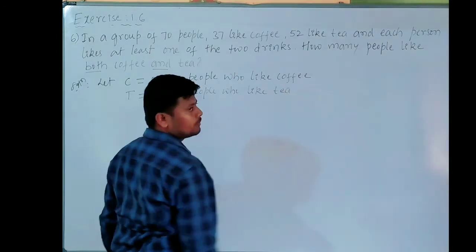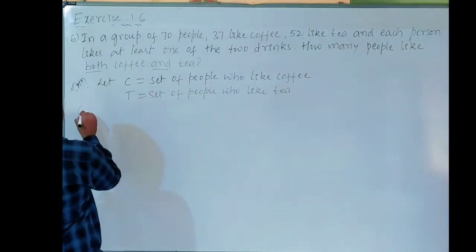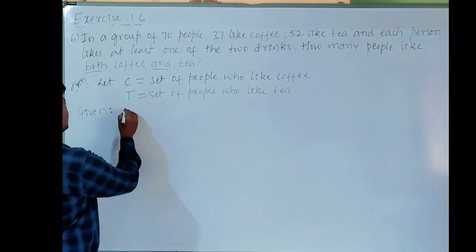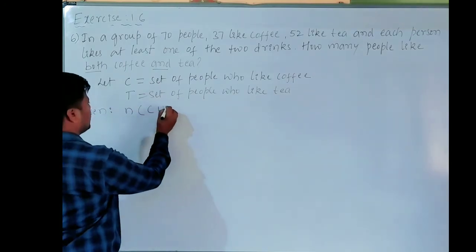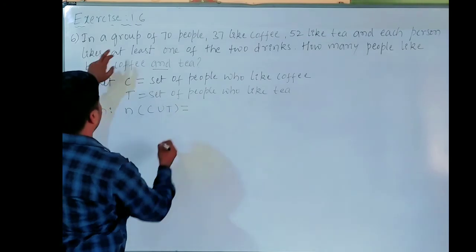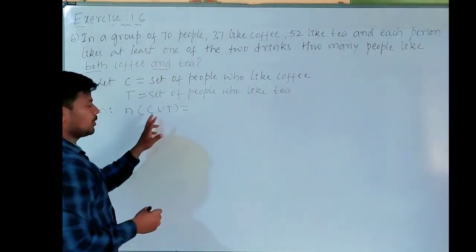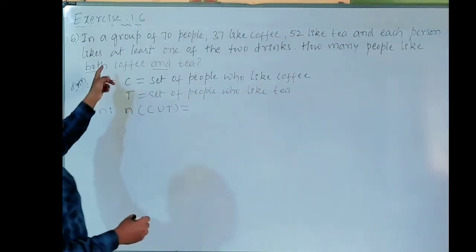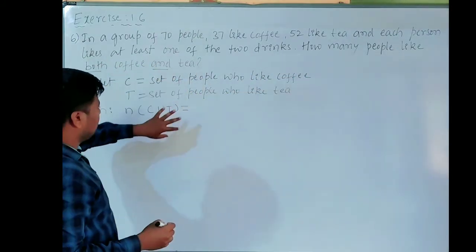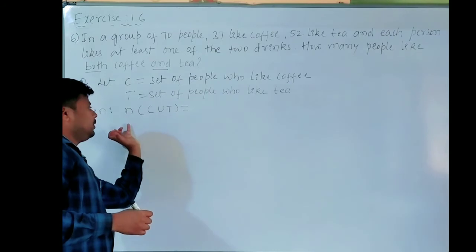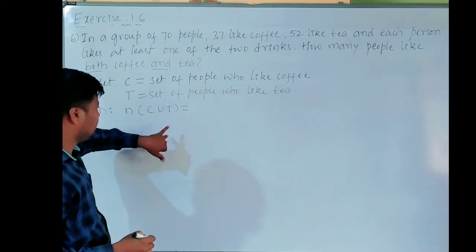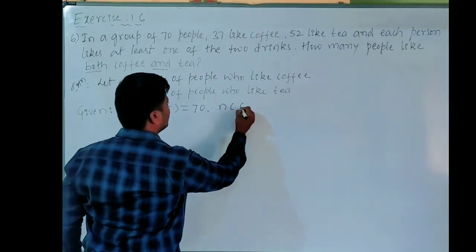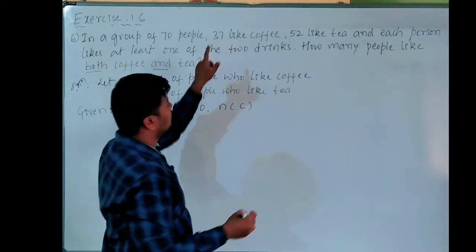Okay, now write the given things. What are they given? n of C union T, so the total number is 70. Each person likes at least one of the two drinks, coffee or tea, total is 70. So n of C, those who like coffee, is 37.